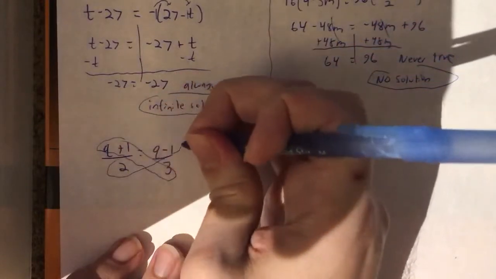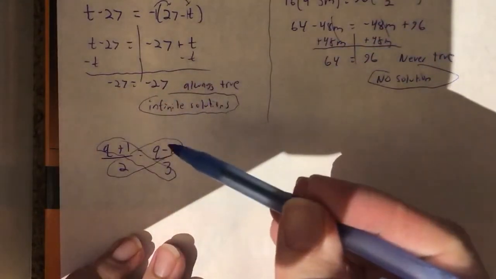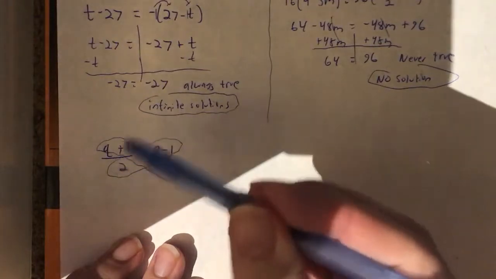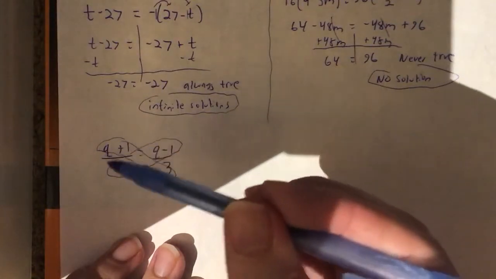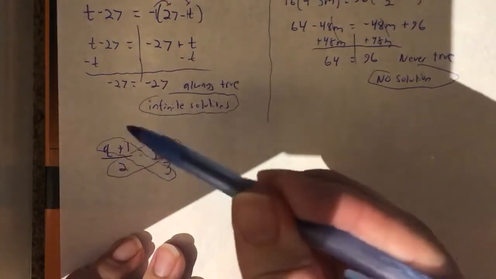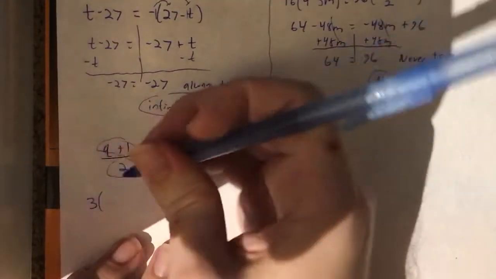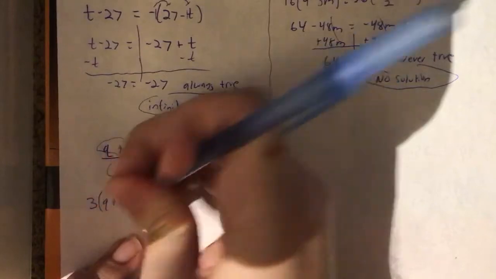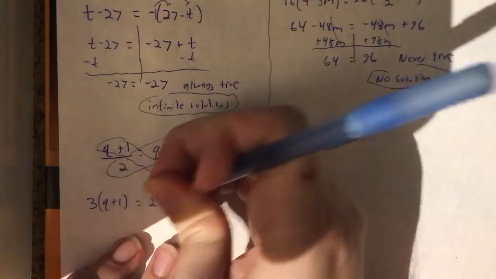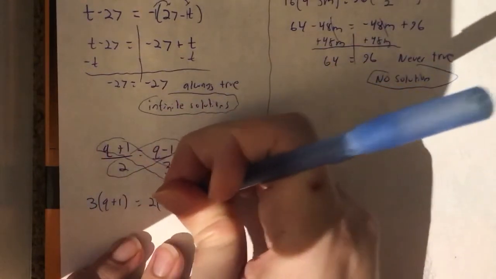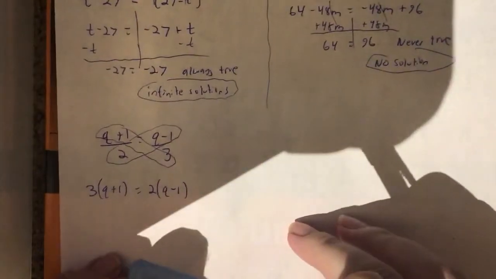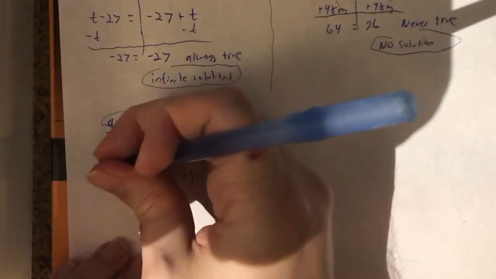You could also multiply through by your LCM of 6 and get rid of each fraction, but in this case, when I just have two fractions equal to each other, I'll cross multiply. So this just becomes 3 times quantity q plus 1 equals 2 times quantity q minus 1. Now I just solve for q. Distribute.